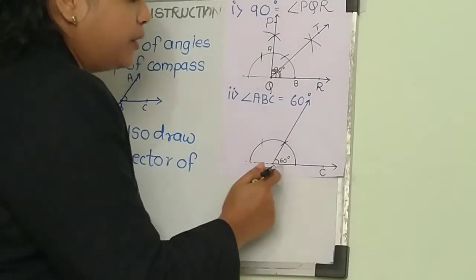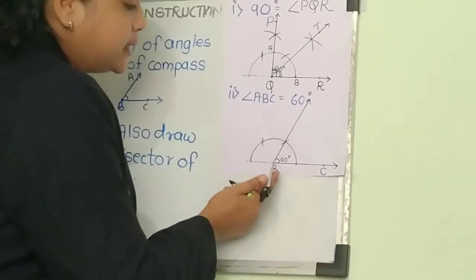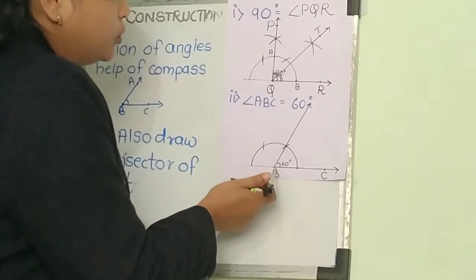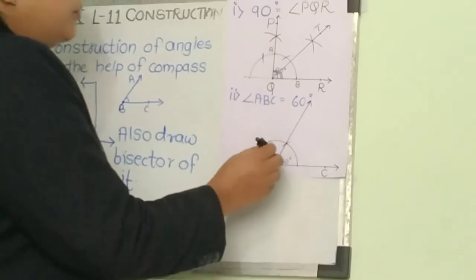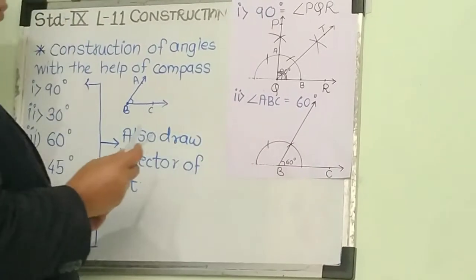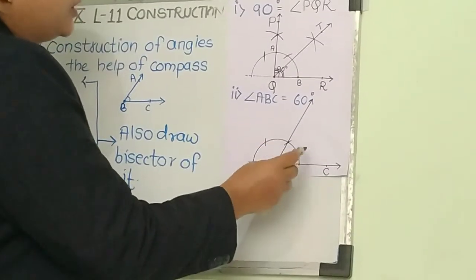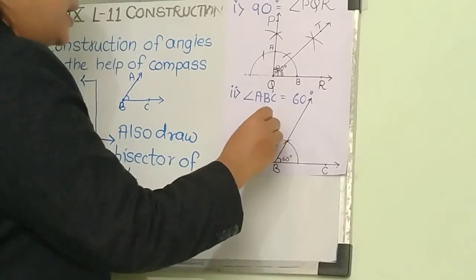First we have to draw one ray BC. Then we have to extend the line segment to the left of B. Then we have to draw a half circle with a fixed length. Through this half circle we have to draw the arcs.